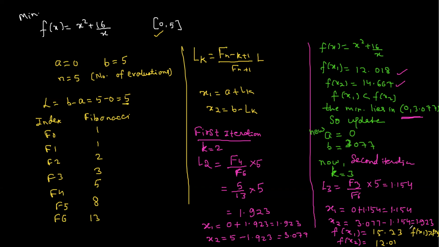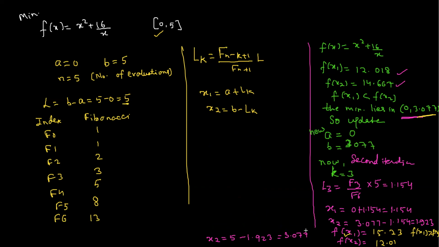Then the minimum value lies between this point, 1.154 to 3.077. Understood? Okay. So I'm deleting this.